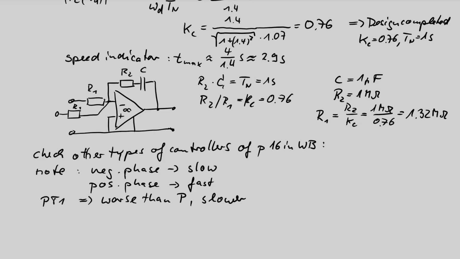So there is no sense to use a PT1 block as a controller, because we add negative phase compared with a P controller, and that gives no advantage but only disadvantage, a decrease of speed.